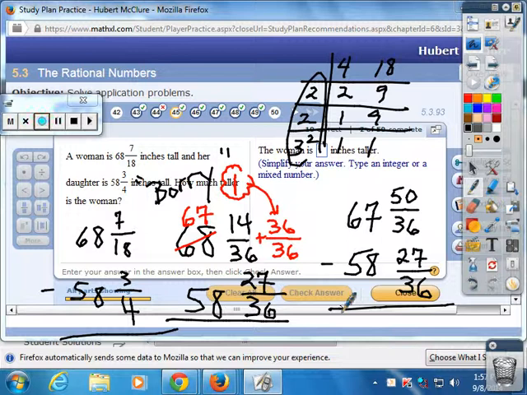Now what is 50 minus 27? 23/36. And what's 67 minus 58? 9. And that's your answer. 9 and 23/36, if I did my math right. And that's how you borrow with fractions.